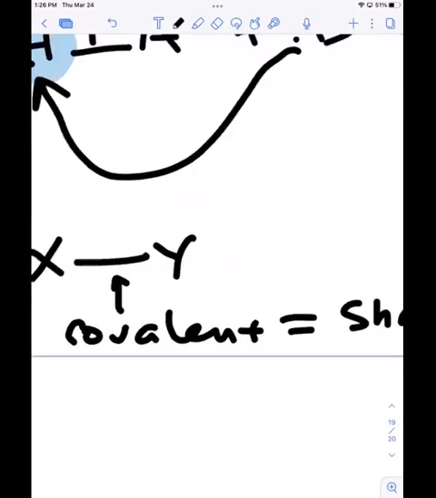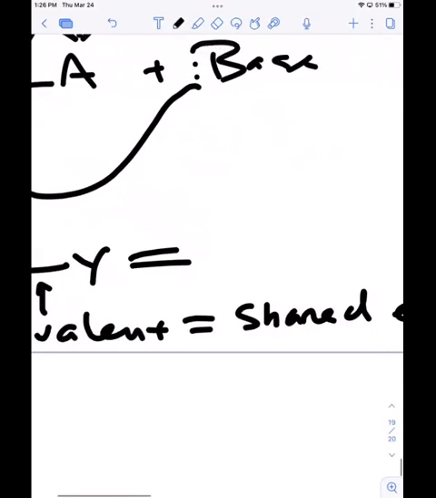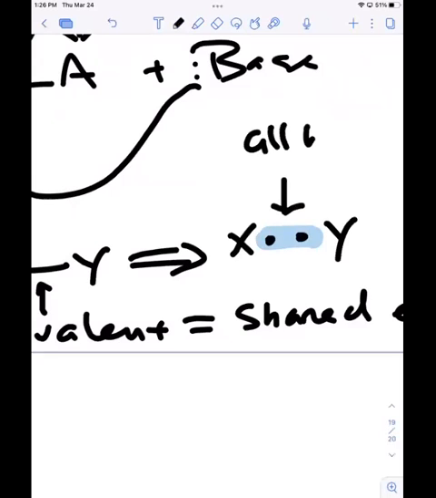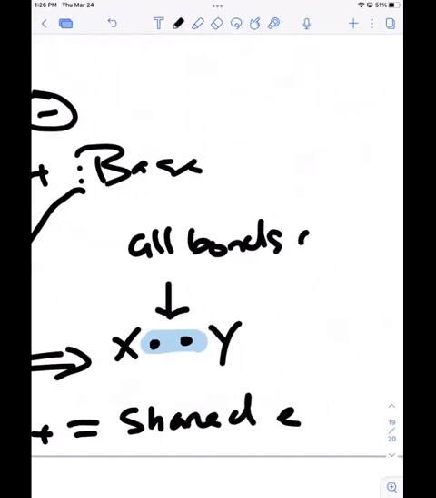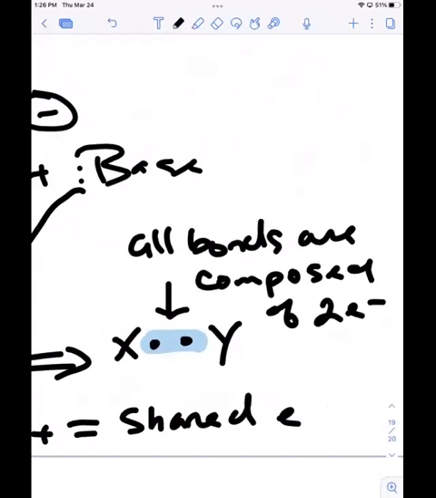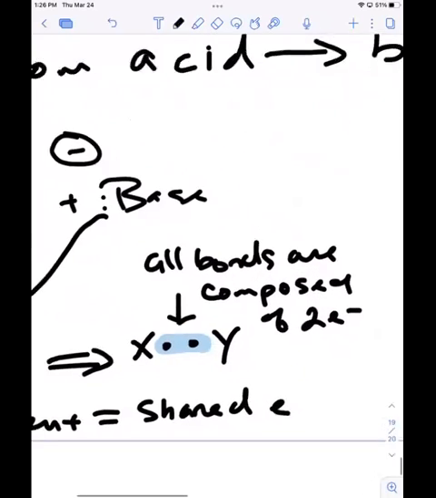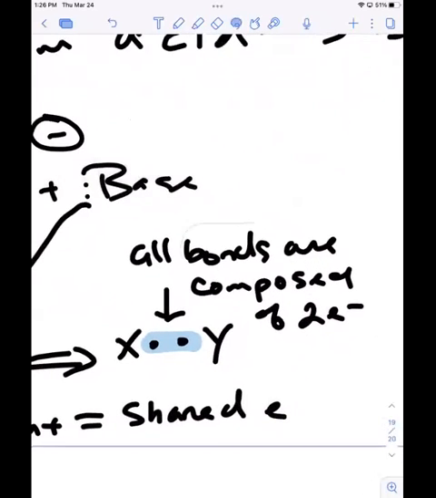And every bond, when we think about a covalent bond between two atoms, consists of two electrons between those atoms, right? So every covalent bond is composed of two electrons. All right, so let me not just say all bonds, let me say all covalent bonds, because I want that to be clear.